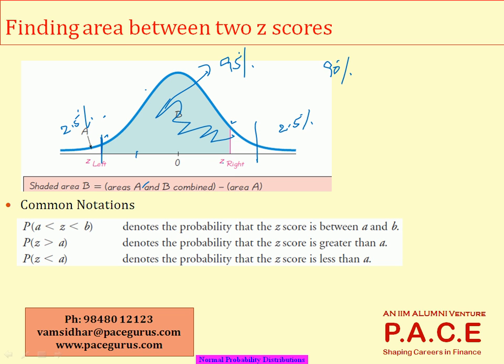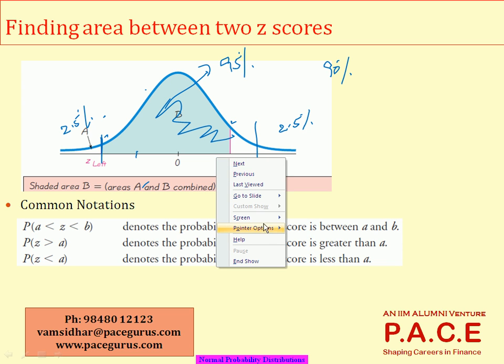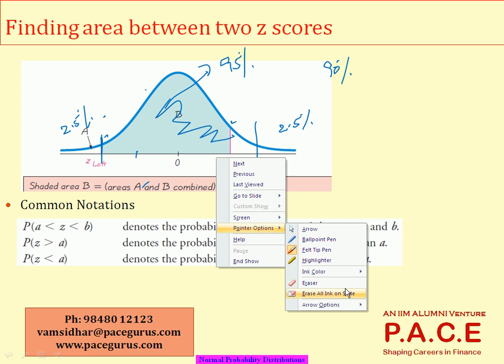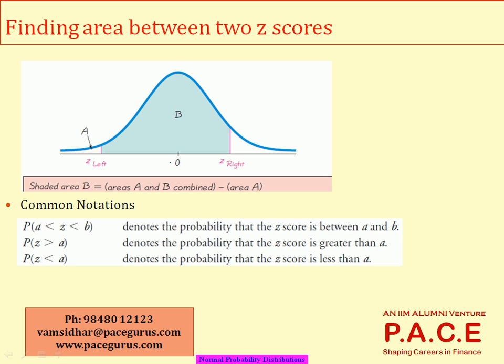So just for an example, if I want the 95% area, by leaving out 2.5% on the left-hand side and 2.5% on the right-hand side, the typical values are minus 1.96 standard deviations and plus 1.96 standard deviations.